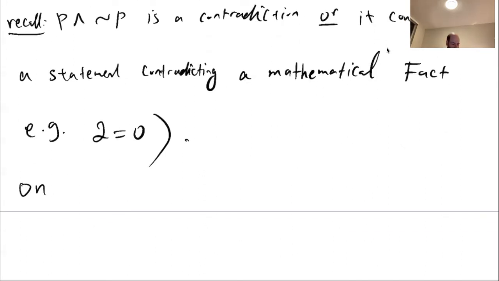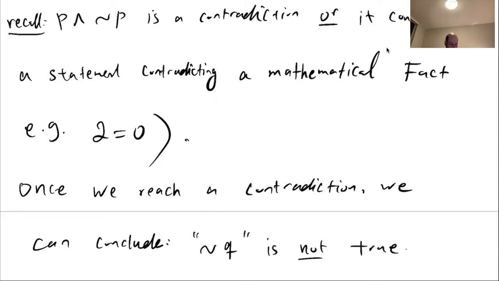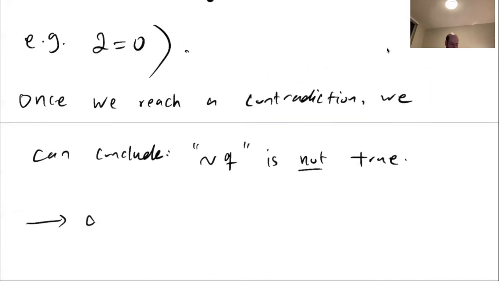Once we reach a contradiction, we can conclude that negation Q cannot be true or is not true. And that means Q must be true.